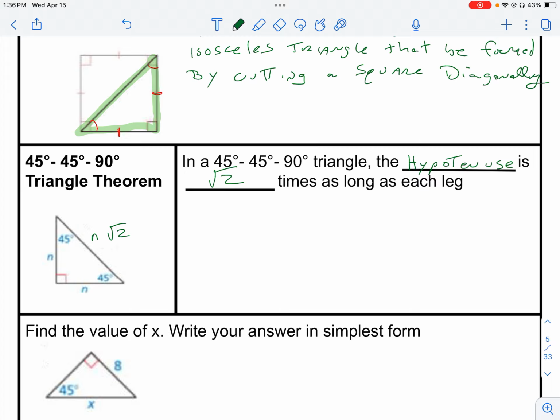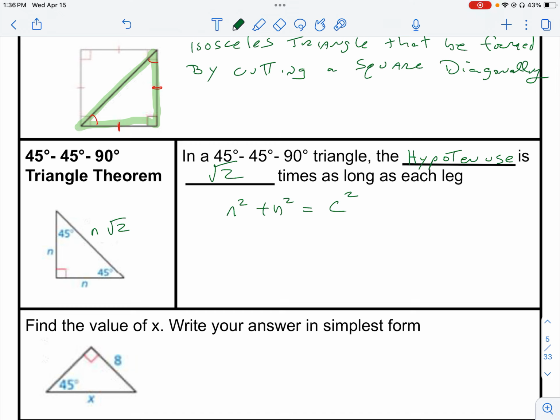Well, how do I know that? If we put it into the Pythagorean theorem, we have n squared plus n squared equals c squared. So n squared plus n squared is 2n squared equals our hypotenuse squared. Take the square root of both sides.